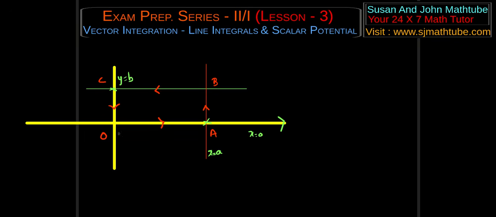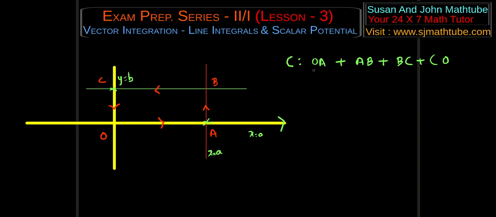So we have the rectangle OABC. This is our path. So C means OA plus AB plus BC plus CO.